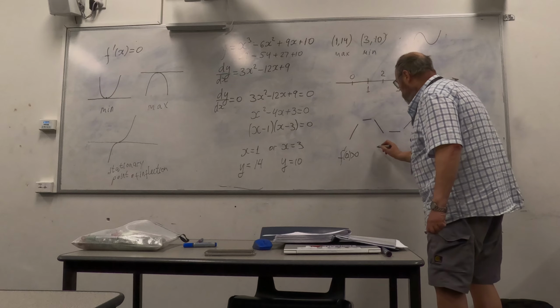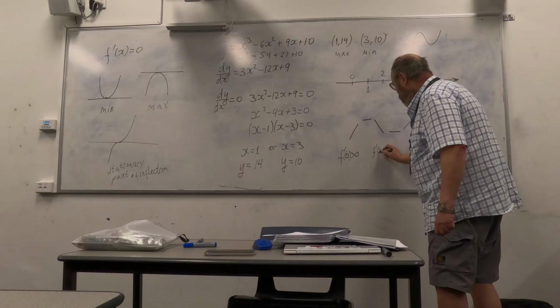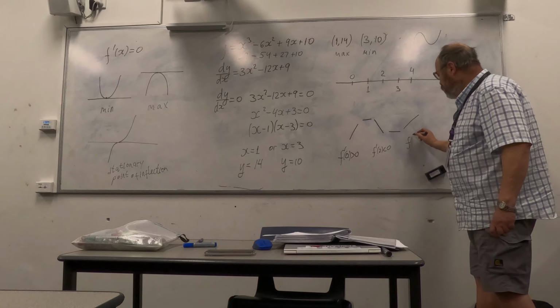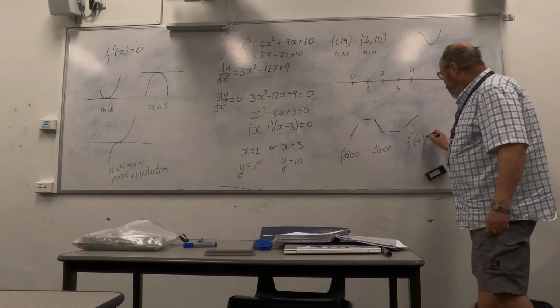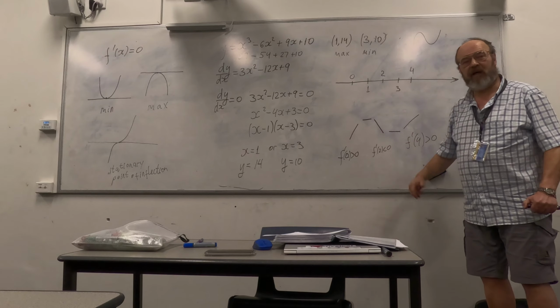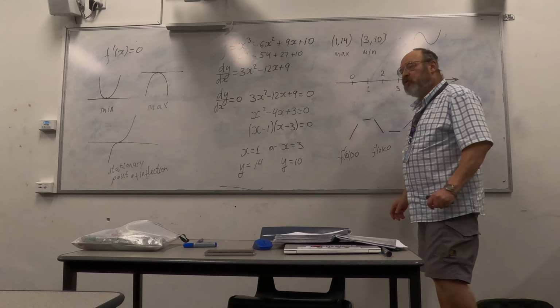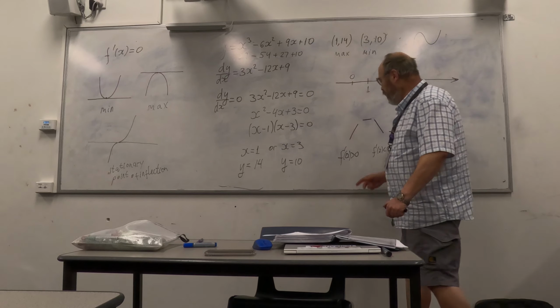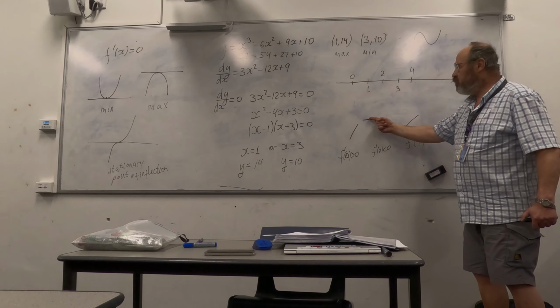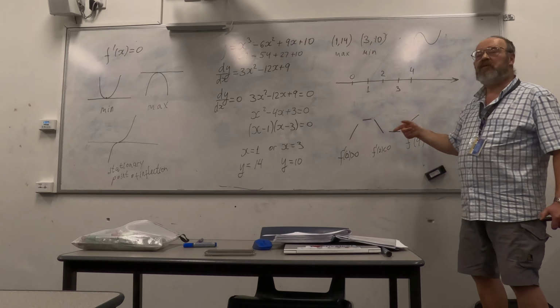Here f'(2) is less than 0, the function is decreasing. Here f'(4) is greater than 0, the function is increasing. This is called a sign diagram. So when we have the function increasing, then a stationary point, then decreasing, what do we have?